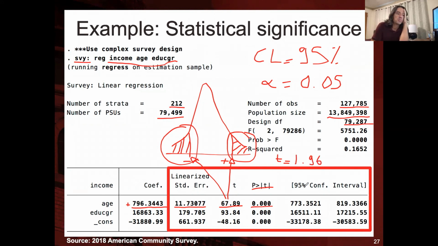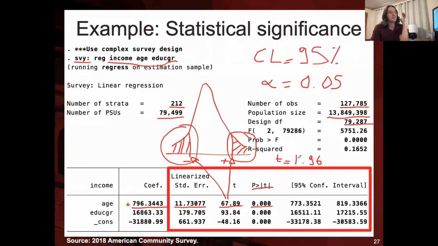So how do I calculate this confidence interval here? I get the t-test, I get the standard error, multiply by this, and subtract from 796.